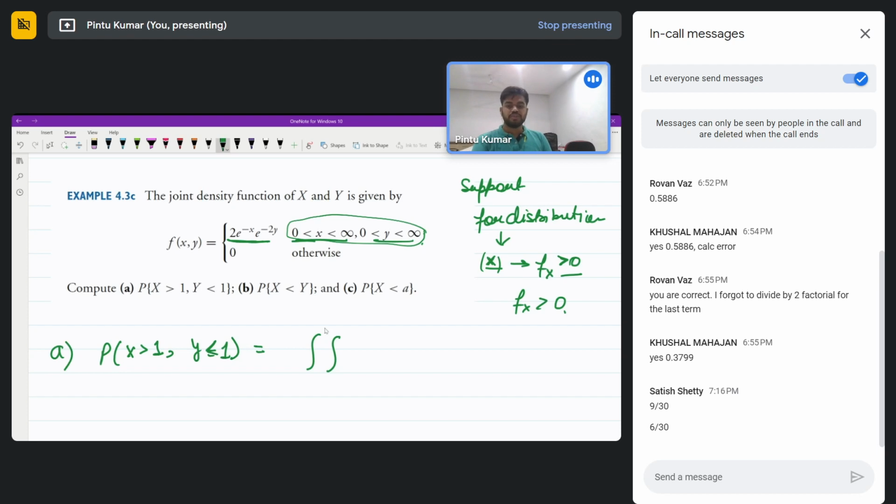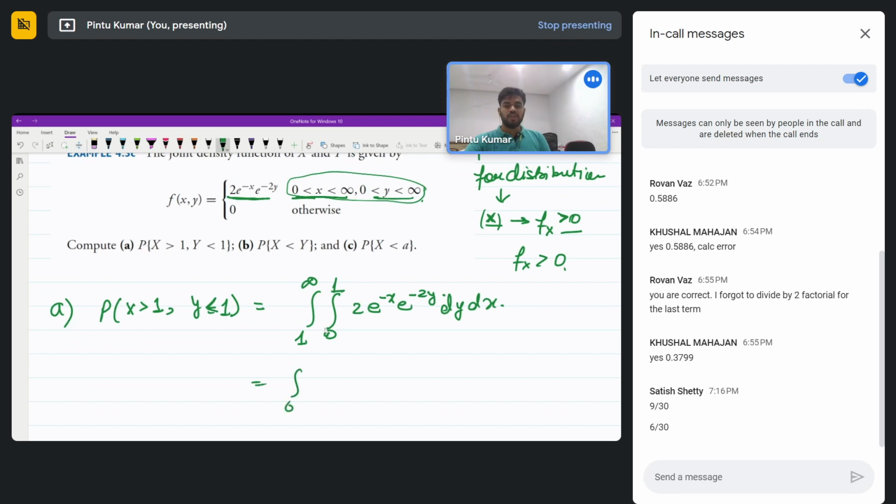Your y value is from 0 to 1. I'm ignoring the case when y is from minus infinity to 0, because that would be just 0 and writing that is unnecessary. And x is from 1 to infinity. Then you integrate e to the power minus x, e to the power minus 2y, dy dx.